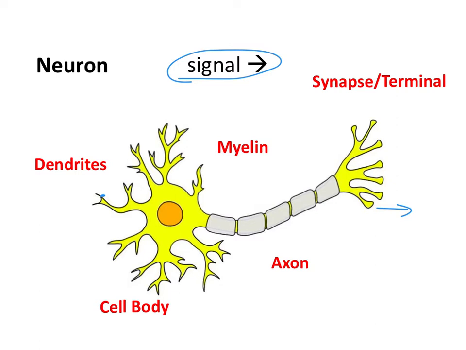Of course, your body is three-dimensional, so a neuron could be oriented in any direction. It's just that always the signal and message starts at the dendrites. So the dendrite is where the input is received.